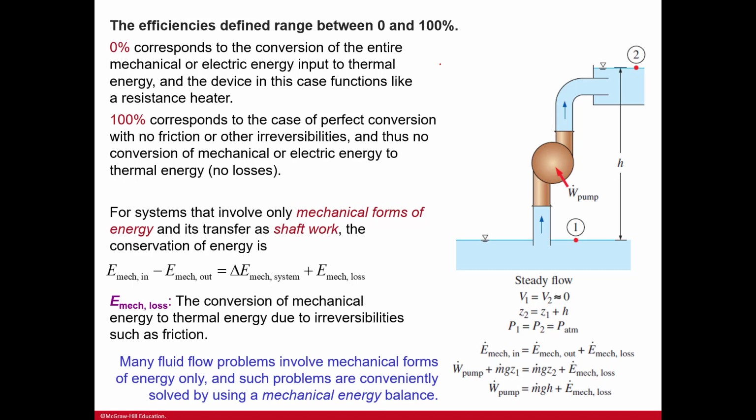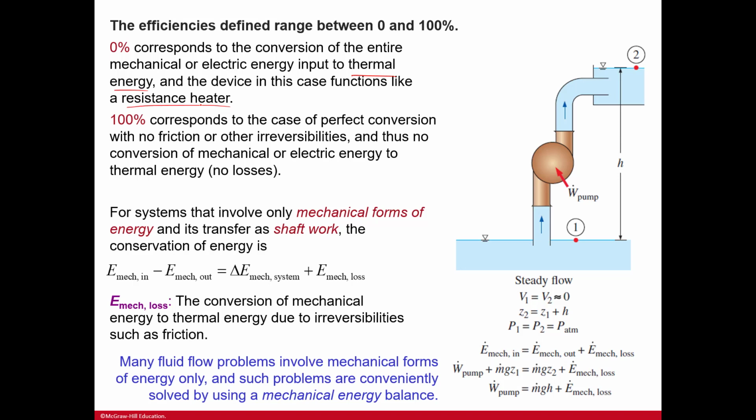So there's no conversion going on of that mechanical or electrical input, because it's a resistance heater. This thermal energy is the key for this resistance heater. And then 100% corresponds to the case of perfect conversion with no friction. Those are the ideal cases. Obviously, we don't ever get there.